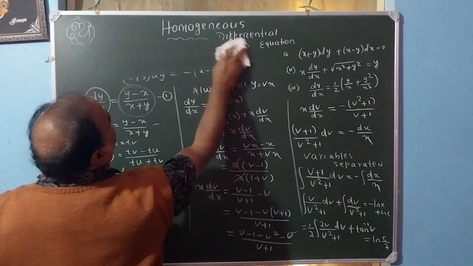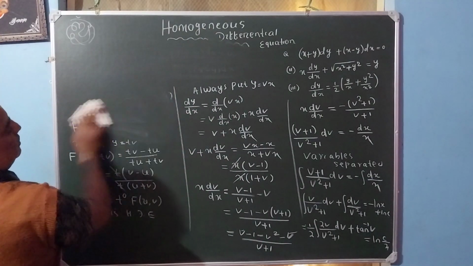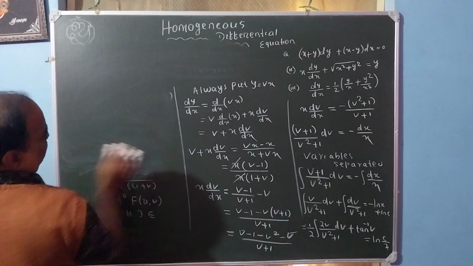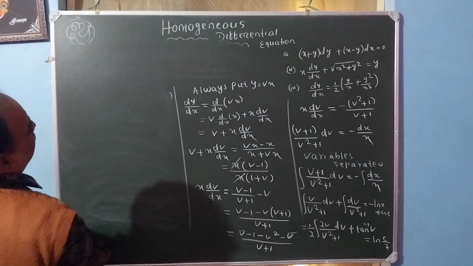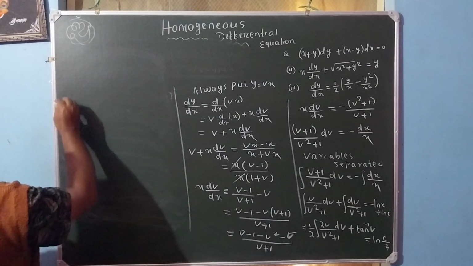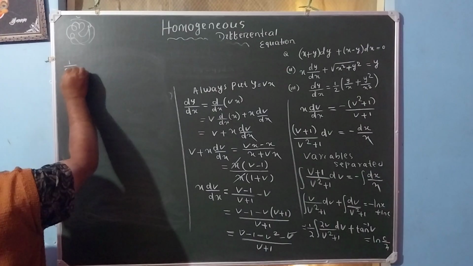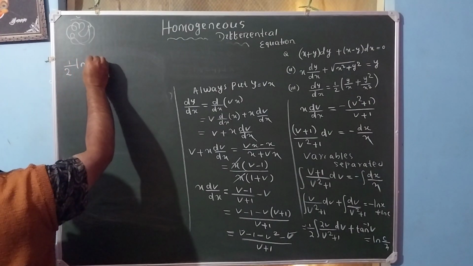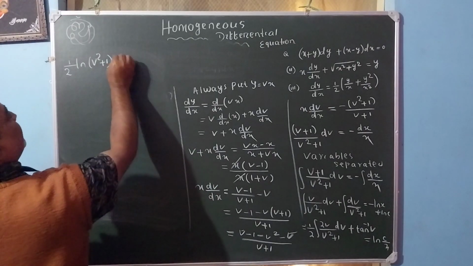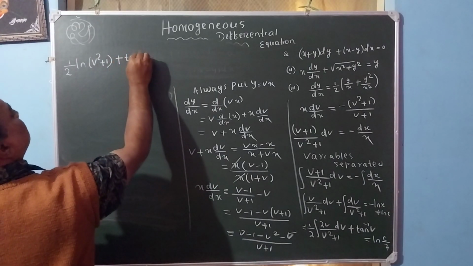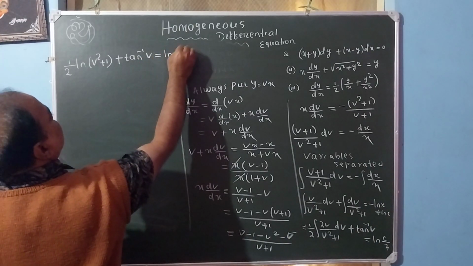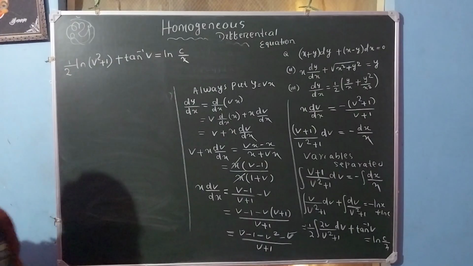So this formula integration we get 1/2 ln(v square + 1) plus tan inverse v is equal to ln(c/x).